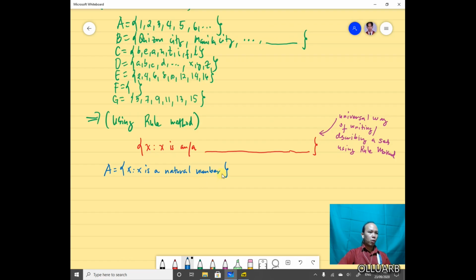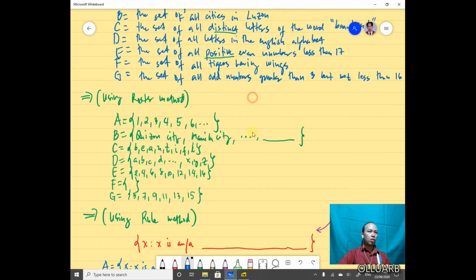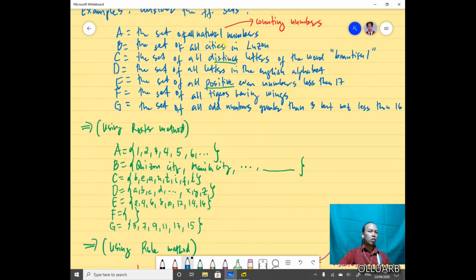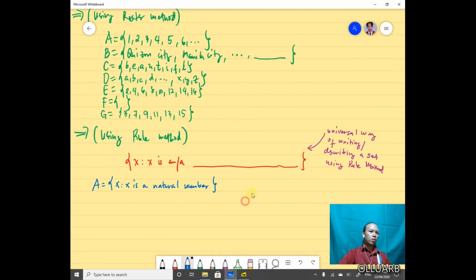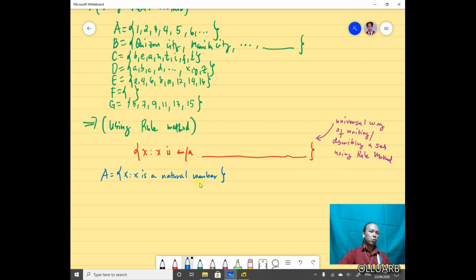Remember that the given is in plural form, plural with s, and after writing it in rule method, it became singular. What will happen if you write s here?